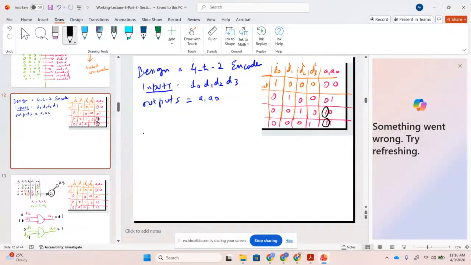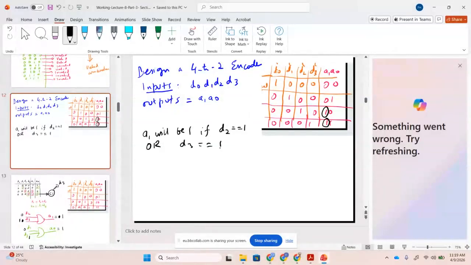So we want to do one. A1 will be 1 if D2 is equal to 1 or D3 is equal to 1.